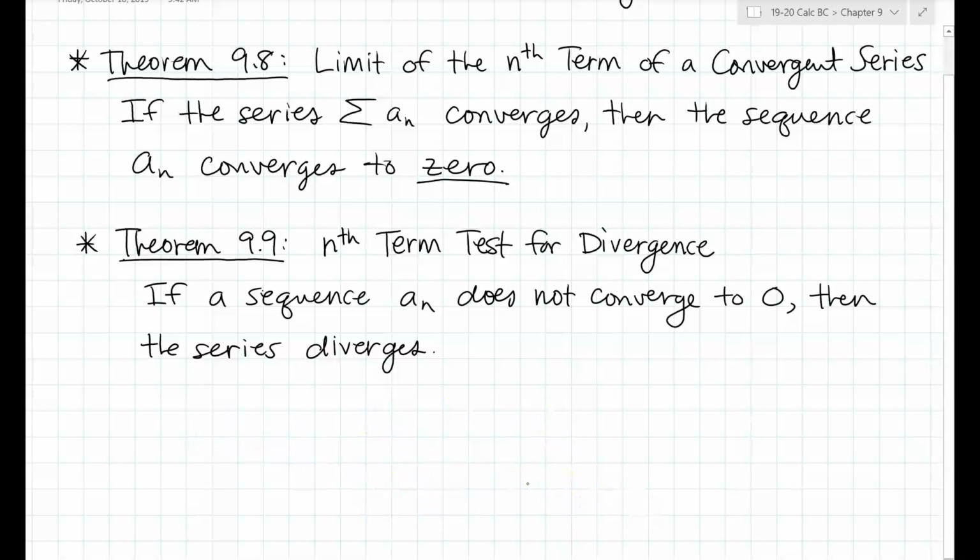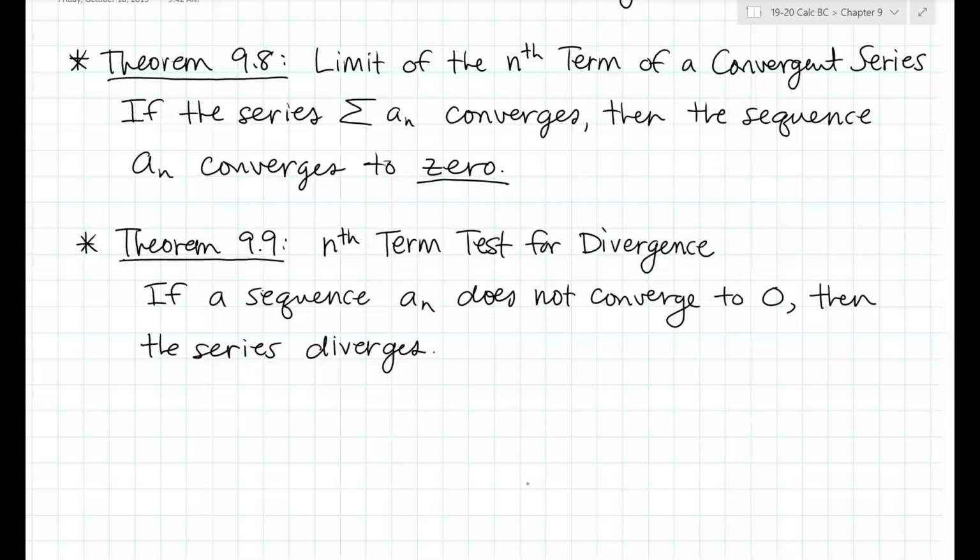And then theorem 9.9 says if a sequence does not converge to 0, then the series diverges. A lot of times people say, oh, so if it doesn't converge to 0, then it diverges. Well, then what happens if it does converge to 0? People will say, oh, then that must mean that it converges, right? But that's not true. The theorem doesn't state that. The theorem only tells you that if you take the sequence and it doesn't converge to 0, then the series itself will diverge.